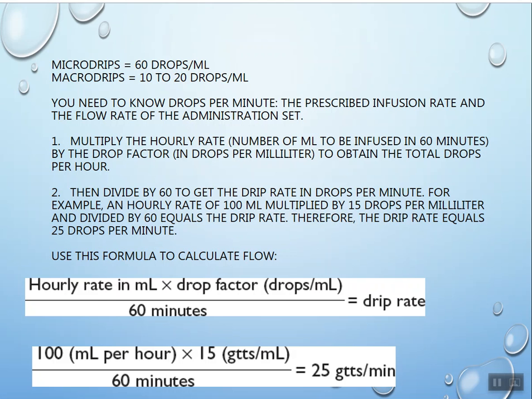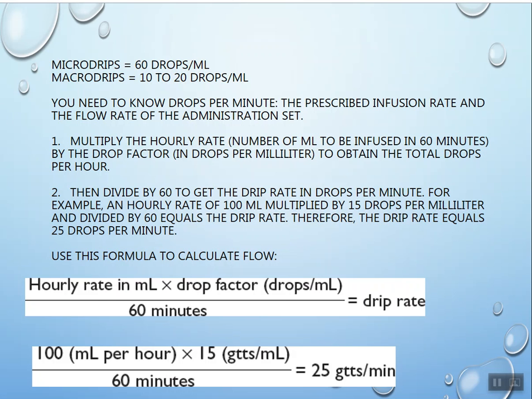Now, the drop rates that we talk about, the drop factor, are located on each of your primary, or actually any IV tubing should have a drop factor on it, because it is used to calculate things like this. So the first thing you need to do is figure out what the hourly rate is supposed to be, and then you times that times the drop factor and divide it by 60, which will give us our drip rate.